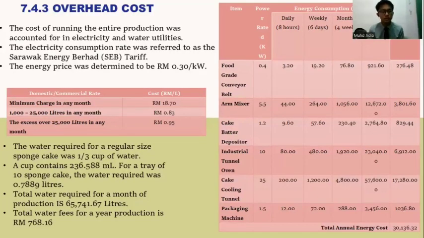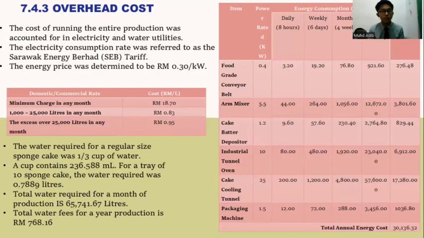As you can see on the left side of the table, we have the table being taken from the domestic or commercial rate that comes up with the price of water consumption. The water required for a regular size sponge cake was 1/3 cup of water.